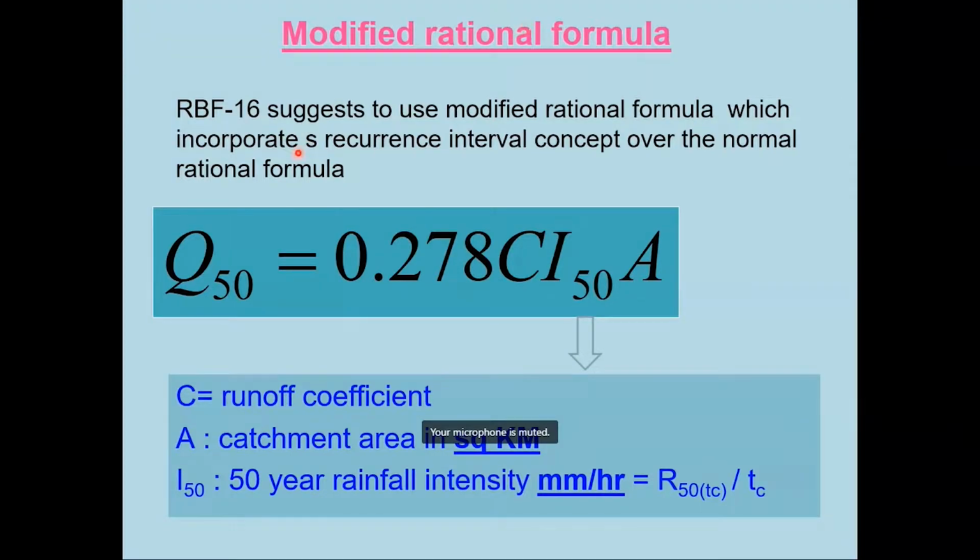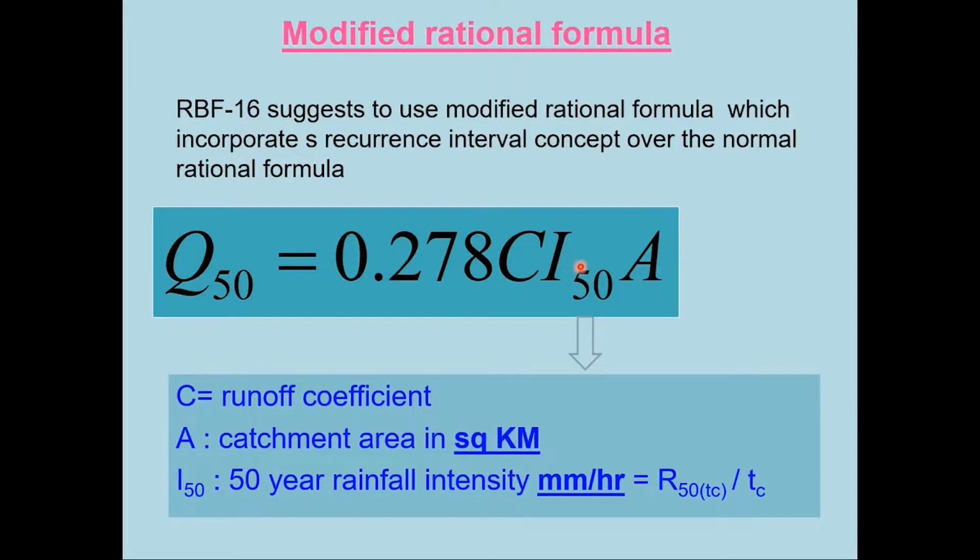This RBF report uses a modified rational formula. Please write down this formula on a piece of paper. Q50 is the design discharge with 50 years flood interval. C is a runoff coefficient.